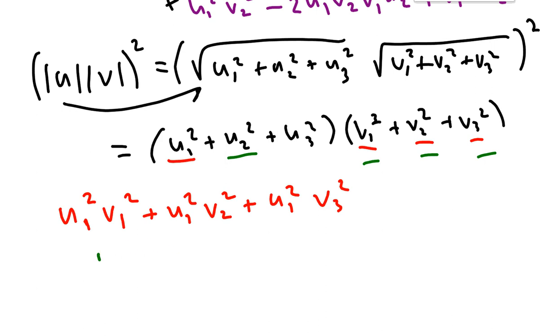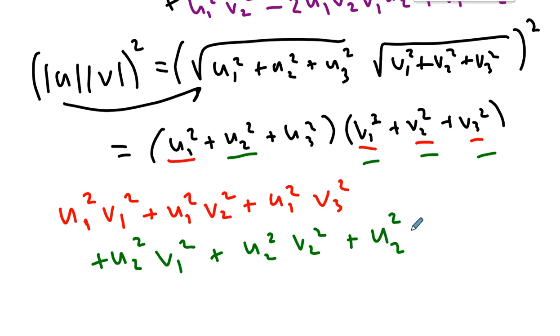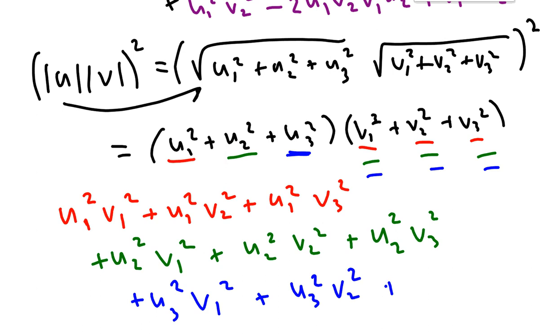So we'll get plus u2 squared times v1 squared plus u2 squared times v2 squared plus u2 squared times v3 squared. And then lastly, I need to distribute this u3 squared onto each of these three terms. So I'll get plus u3 squared v1 squared plus u3 squared v2 squared plus u3 squared v3 squared.